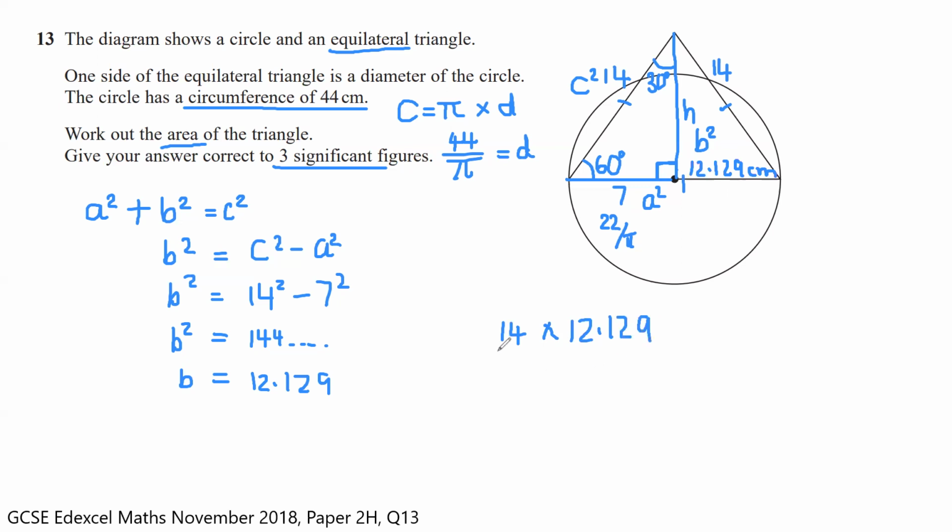And then remember the equation for finding out the area of a triangle is the base times by the height divided by 2, or you can also times it by a half, whatever you find easiest. Again, putting this into your calculator, because it's most definitely a calculator question, you're going to get the answer of 84.904 or something, sorry, 84.904.